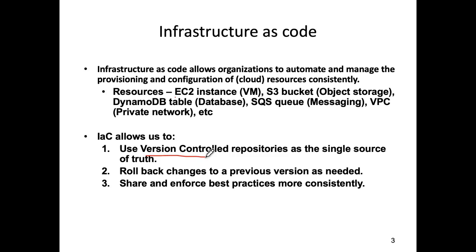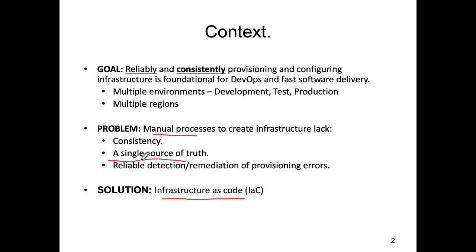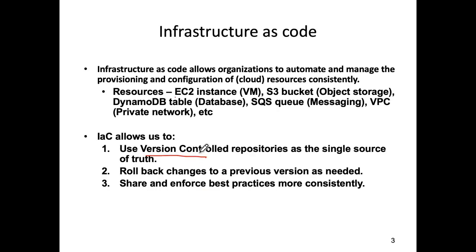So a version controlled repository really becomes, what did we call it on the previous screen? Our single source of truth. So the repository, GitHub let's say, becomes our central source of truth for how we create the infrastructure for a particular application.